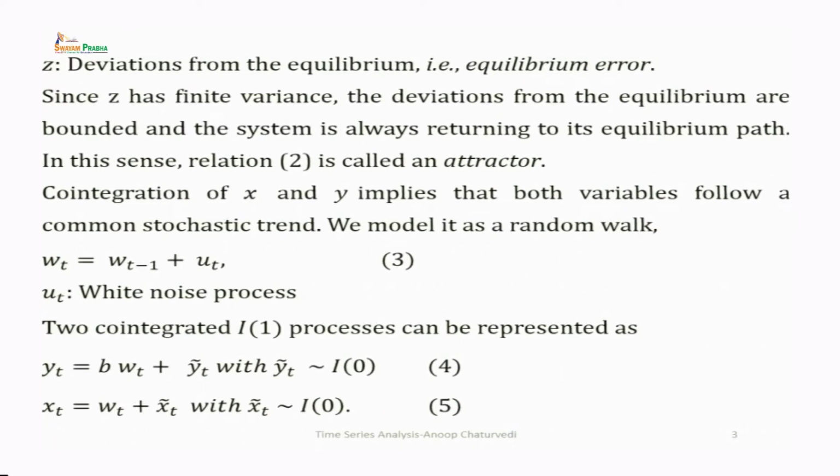So, this W t is common to both y t and x t, or you can say both the processes y t and x t have a common stochastic trend, which is W t.